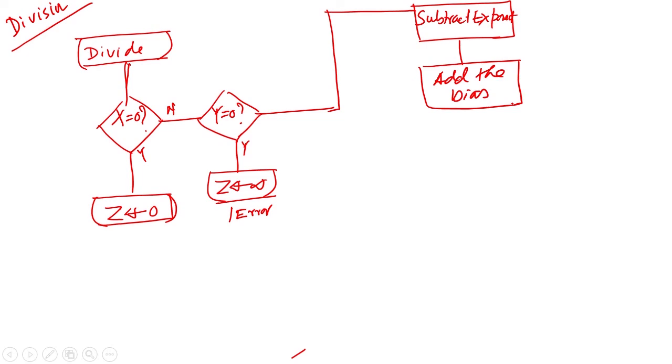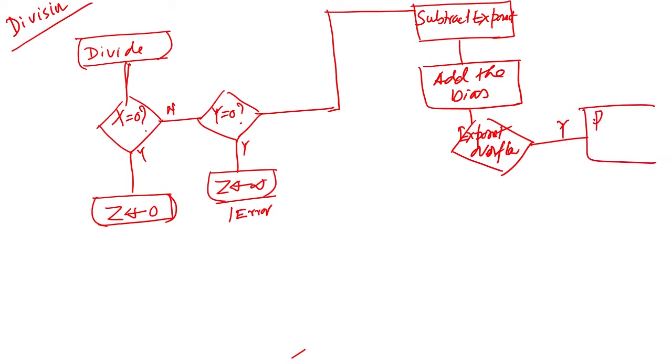Okay. Next is exponent overflow. If it is exponent overflow, then you cannot do anything. So, report overflow.